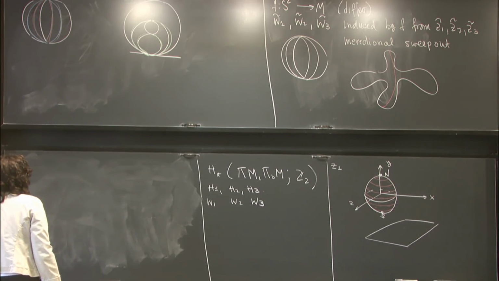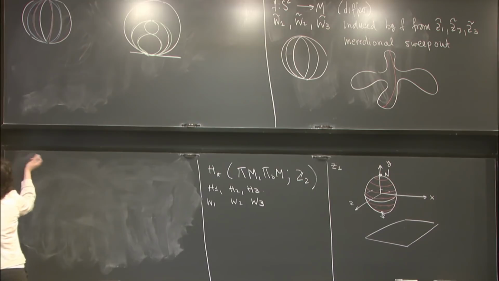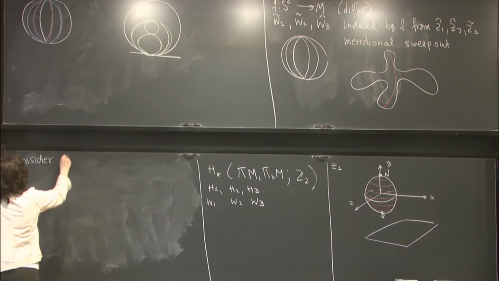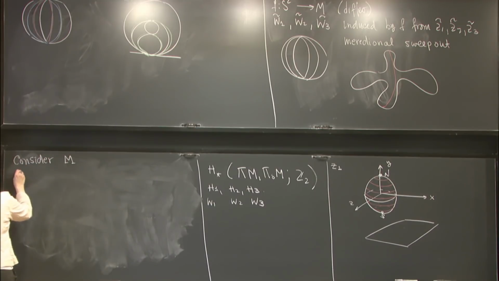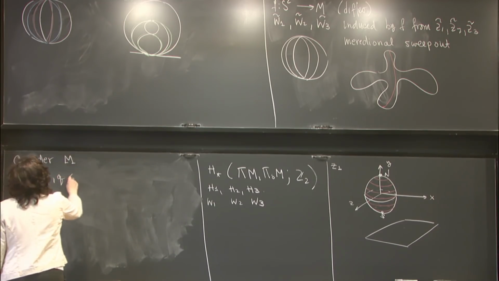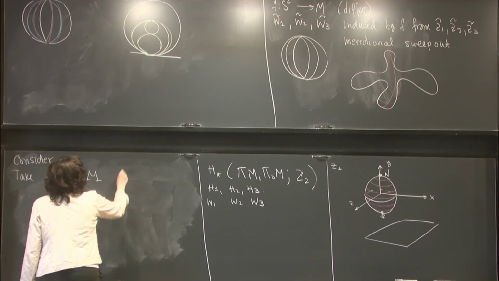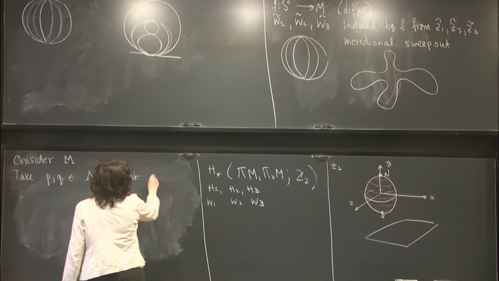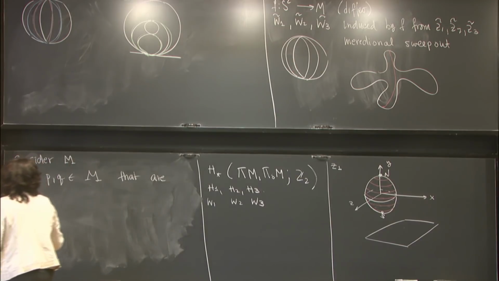Okay, so consider M. And let me take two points, P and Q, that are maximal distance apart. So they're diameter apart.